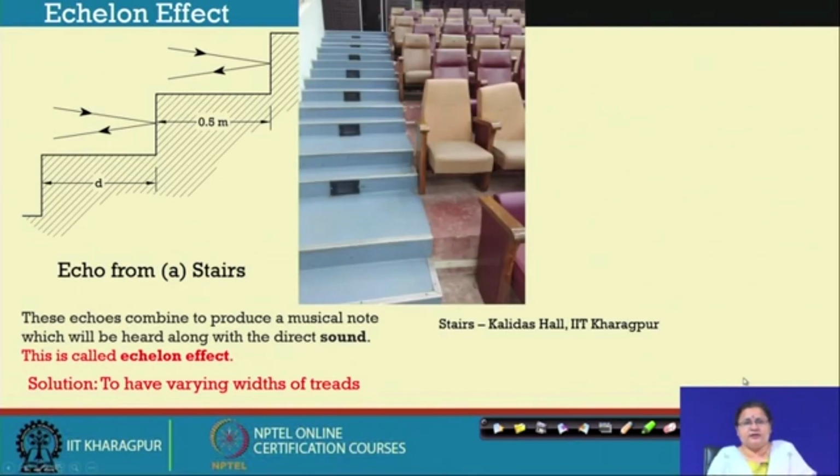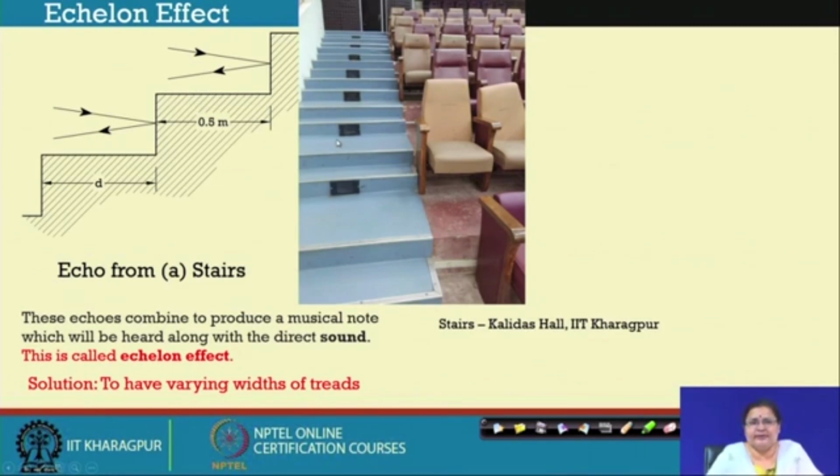You see here the picture where they have taken care of the Echelon effect. These are wider treads, and later on some are of the same height, and again some are wider. So, the Echelon effect is taken care of in this particular case.